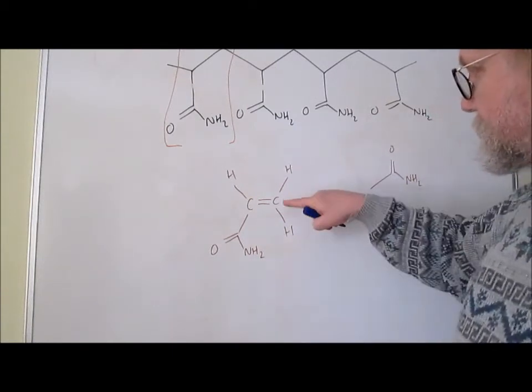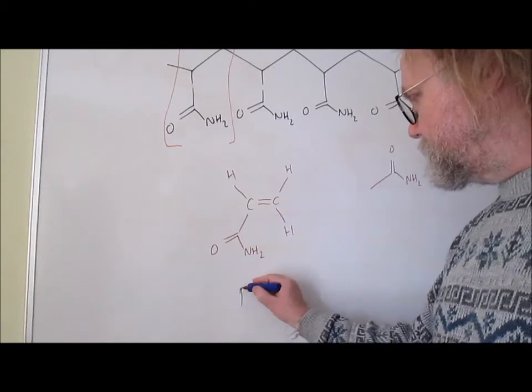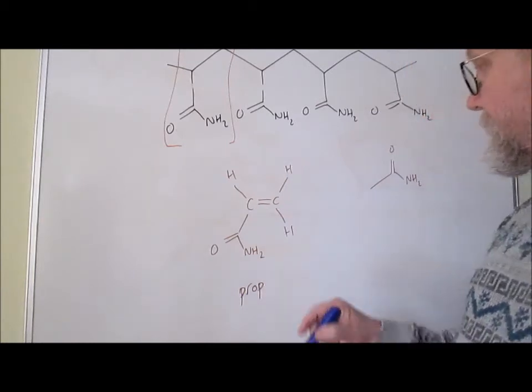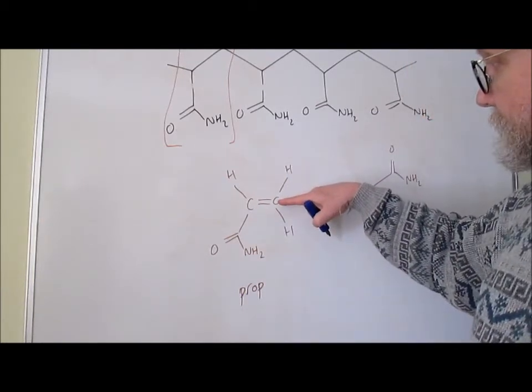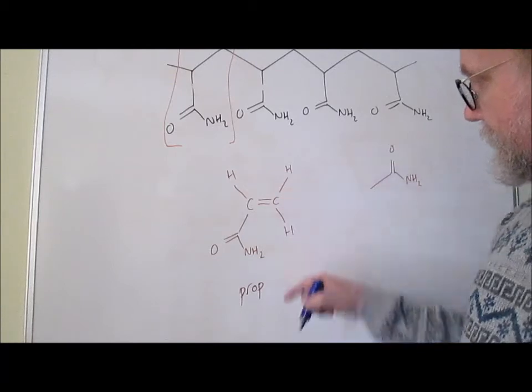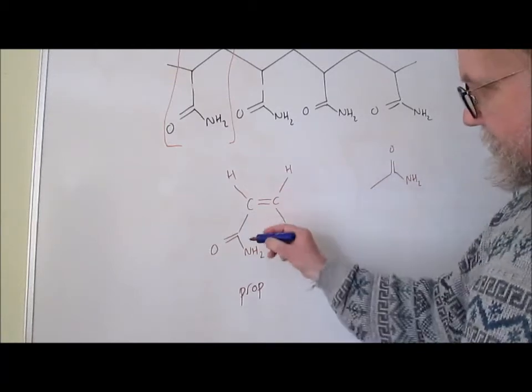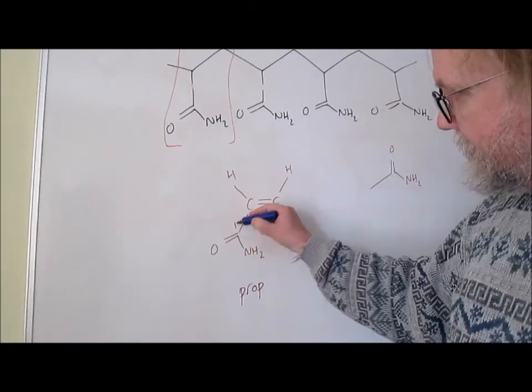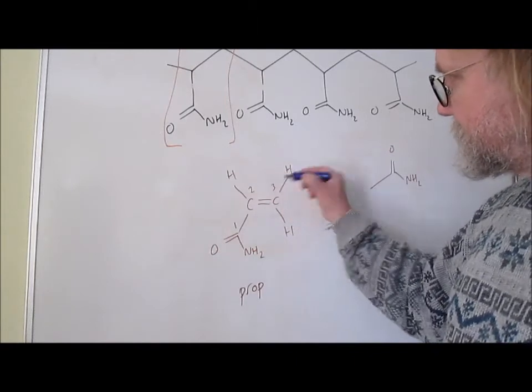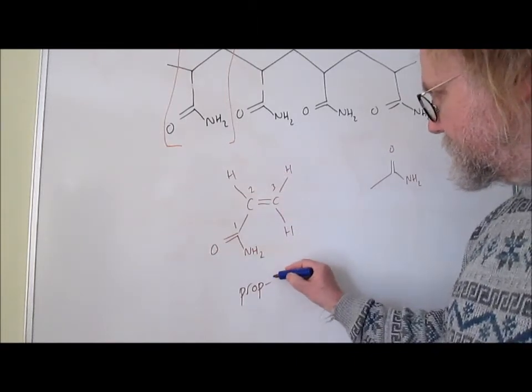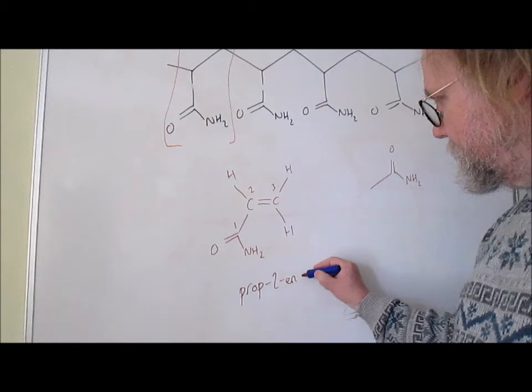So this one has got 3 carbons, so it's prop, and it's got an alkene group in it, so it's ene, and because if we're going to call it an amide, this is carbon 1, the alkene group starts at carbon 2, so it's prop-2-enamide.